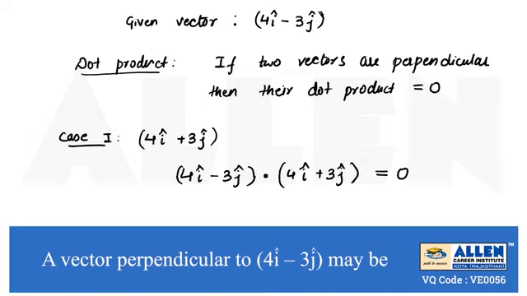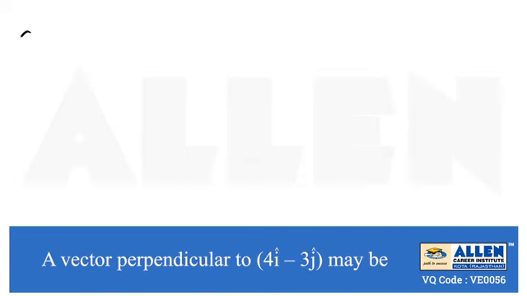On dot product, i is multiplied with i, and coefficients of j cap are multiplied with j cap. So here we will get minus 3 multiplied by 3. The result won't be equal to 0, which means these vectors are not perpendicular to each other.